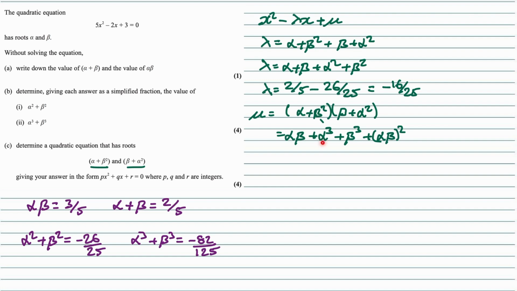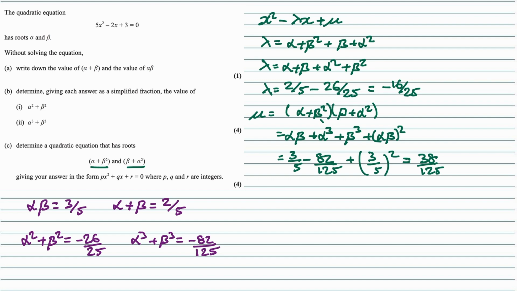We've already worked out alpha cubed plus beta cubed as negative 82 over 125. And we know that alpha beta is 3/5. So we can substitute these into here. And we can work this out and we get 38 over 125.